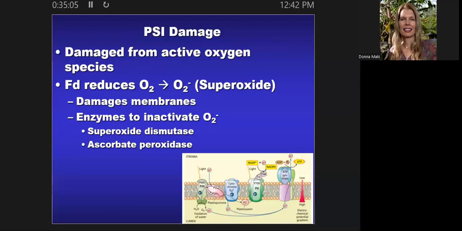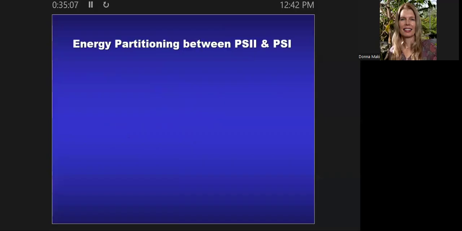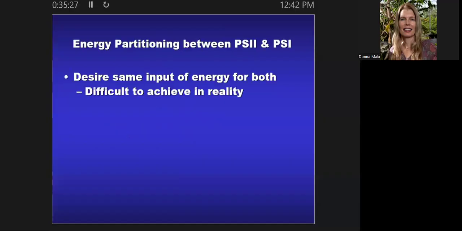The other huge thing though that the plant deals with is that, with photosystem 1 and photosystem 2, and remember there's lots of them embedded in the thylakoid membrane of a single chloroplast, you gotta have the same amount of energy getting into those photosystems in order for everything to go in concert or in step. So you have a really nice electron flow. And that can be hard to do if you just think about the complexity, especially like I always think about big trees where they have big canopies.